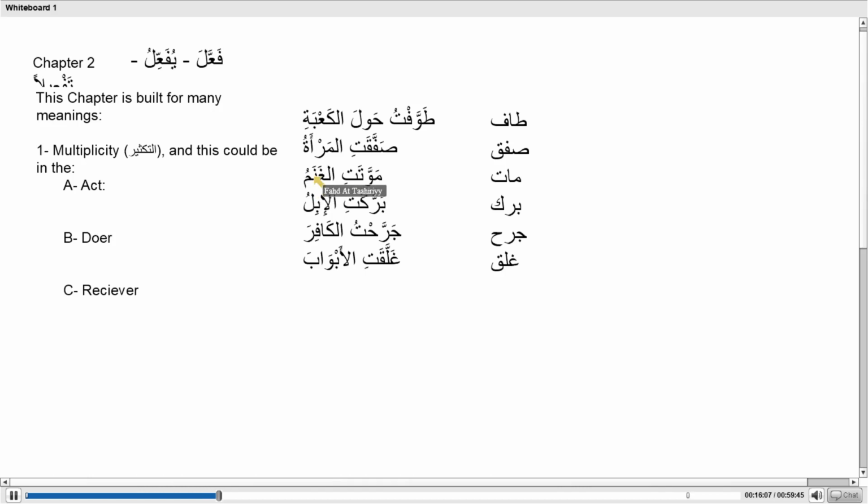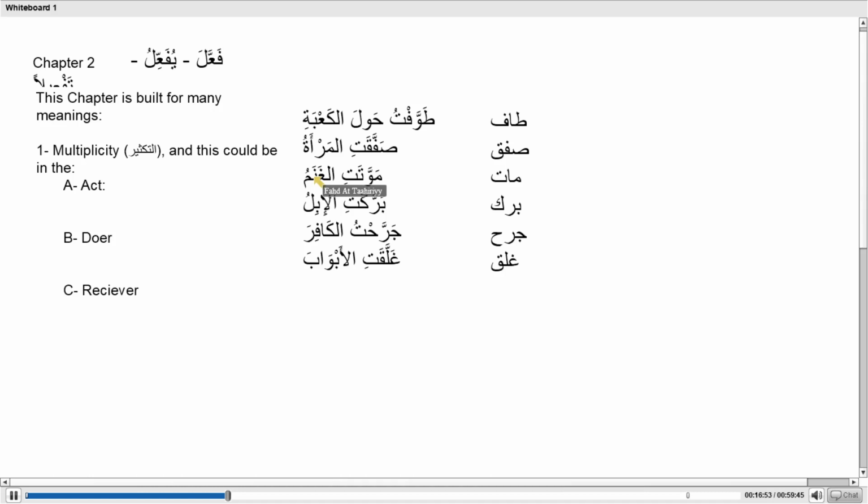What's الغنم? الغنم, the sheep. No, that's al-ghanima, barakallahu feek.